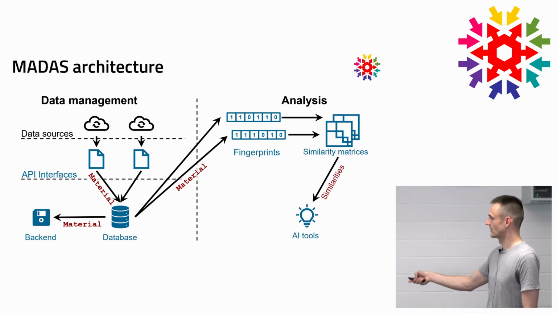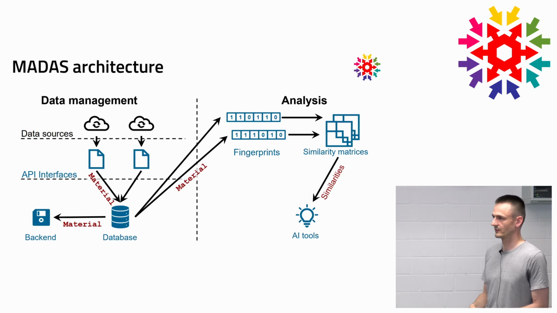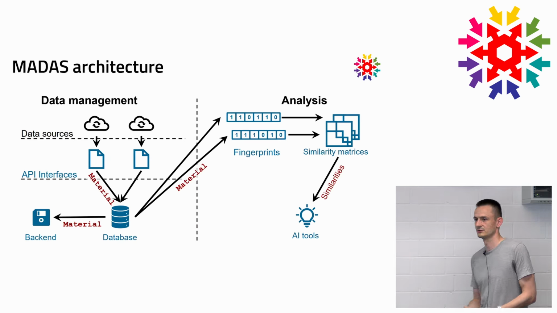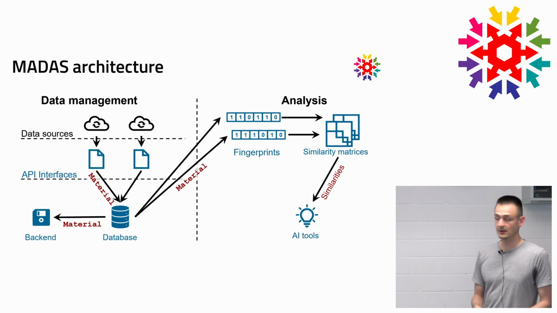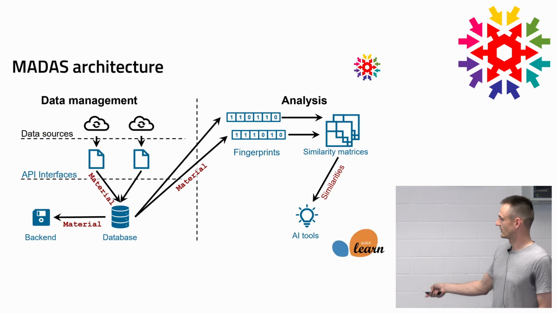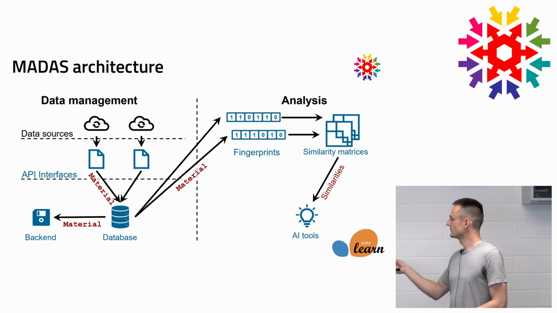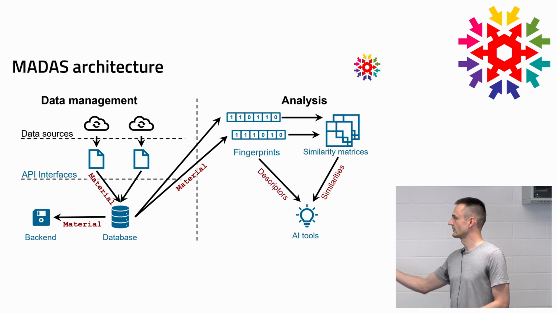The similarities can go into AI tools, and if I talk about similarity matrices, the AI tool is probably clustering. So this is a use case that we've already used a bit. And supervised learning is yet to be explored, but there's an interface to sklearn, so it's pretty straightforward to also use that. You can not only use the similarities, you can also use directly the descriptor values that are computed for your fingerprints.